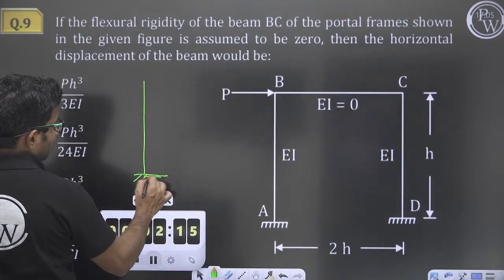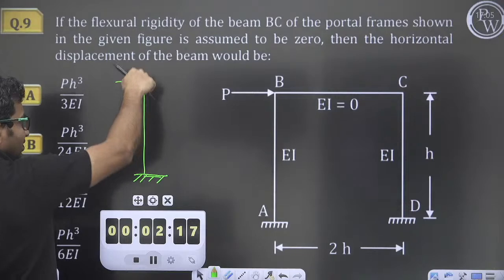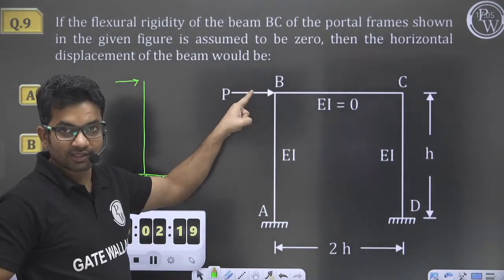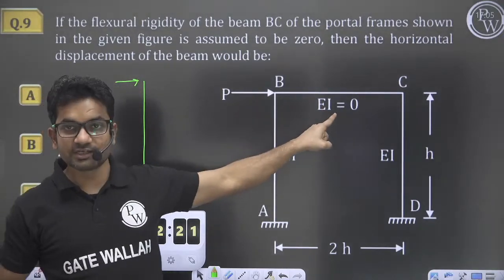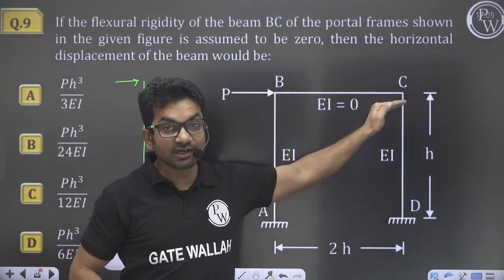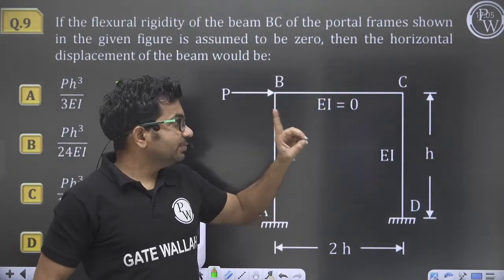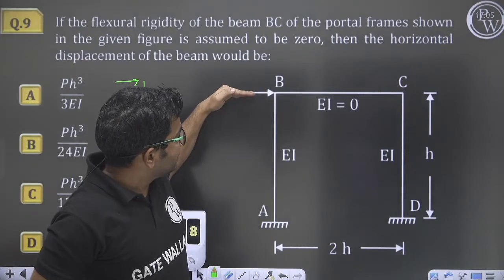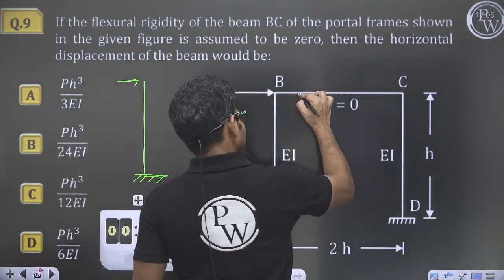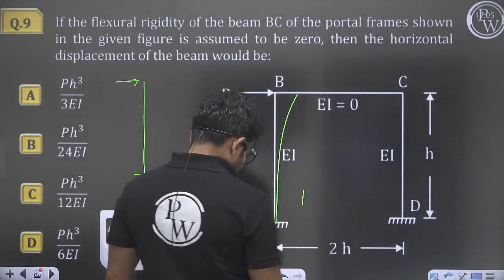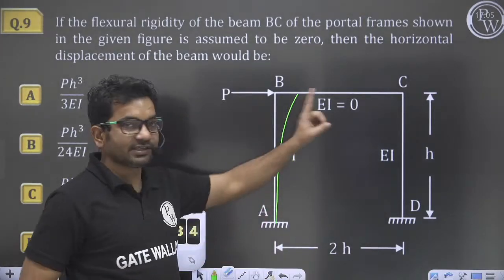Whatever rotation will happen in this column, same rotation will happen in this column, but only flexural rigidity is 0. Axial rigidity is not 0. That means if this member is deflecting like this, here nothing is said about axial rigidity.